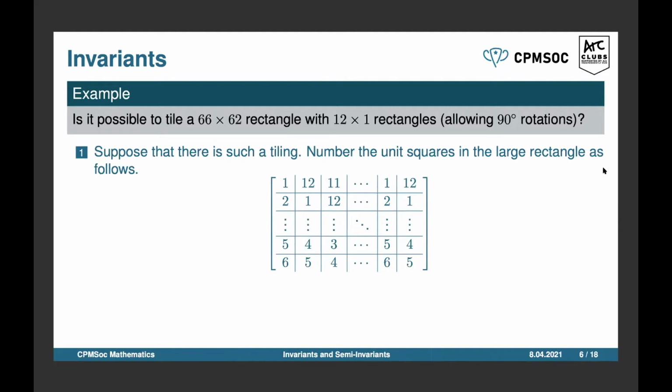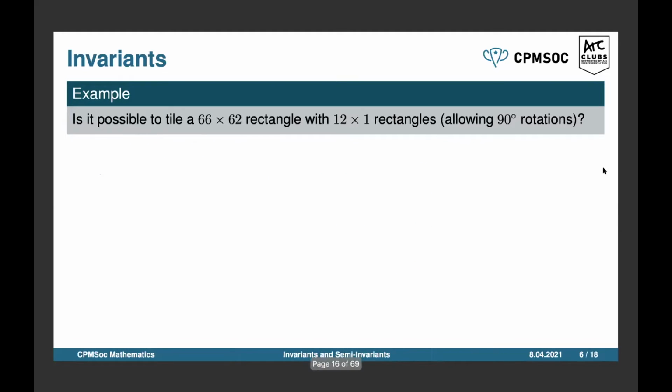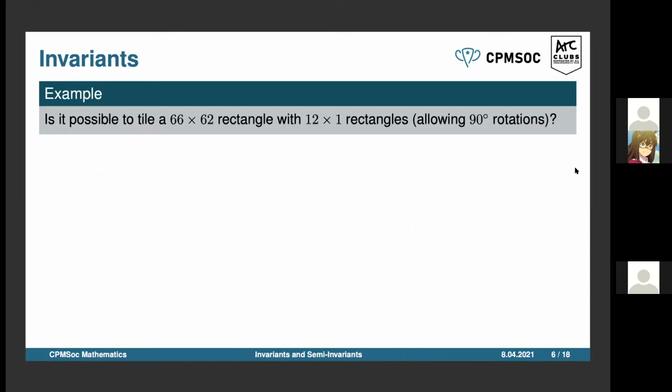All right, so before we go on to the first dot point, what we first see is every tile is 12 by 1, which means that there's 12 squares in every 12 by 1 rectangle. So if you can tile a rectangle with 12 by 1 rectangles, the total number of squares in your rectangle has to be divisible by 12.